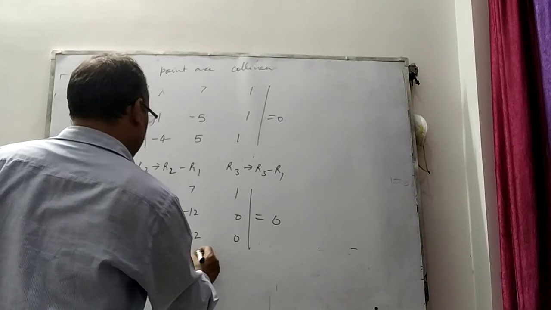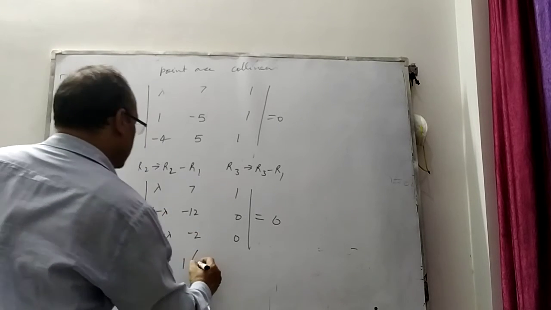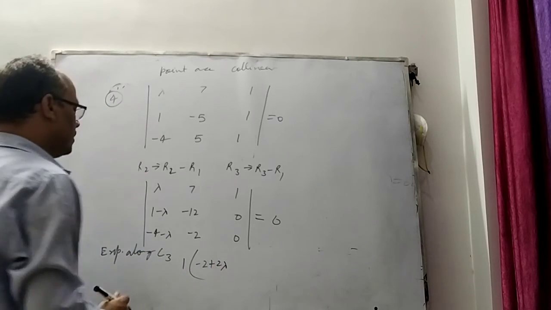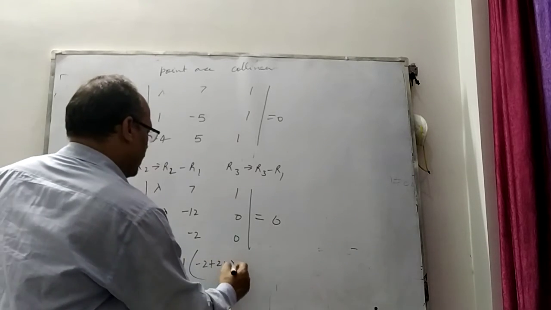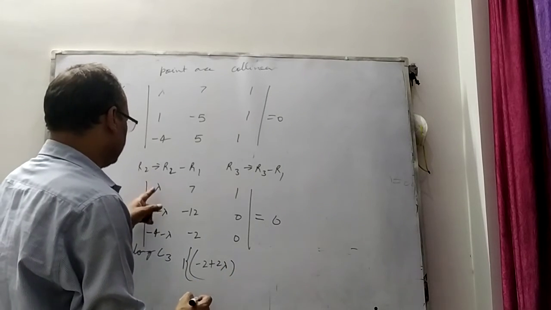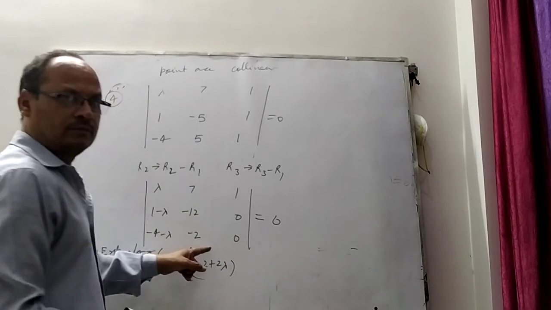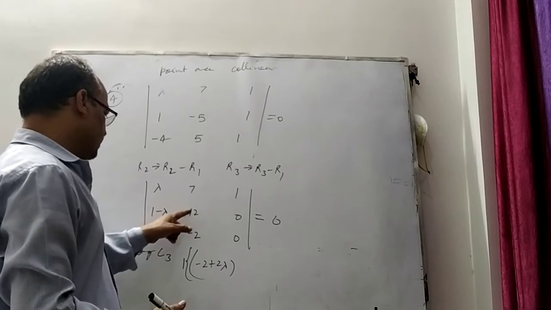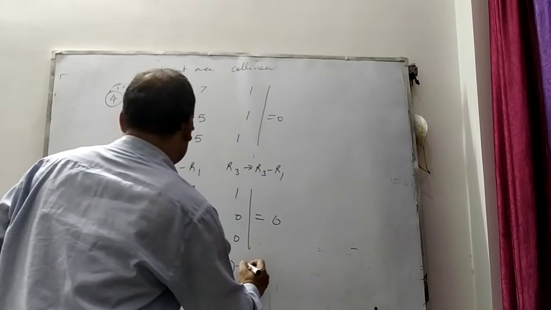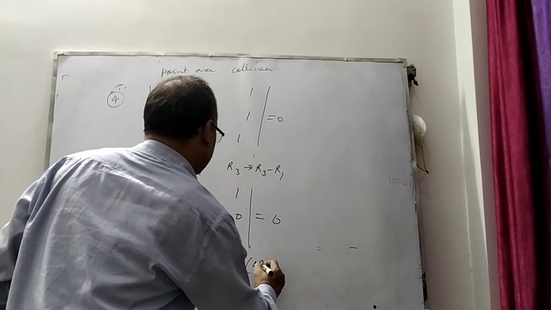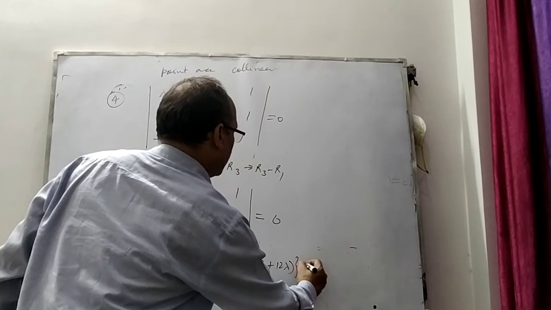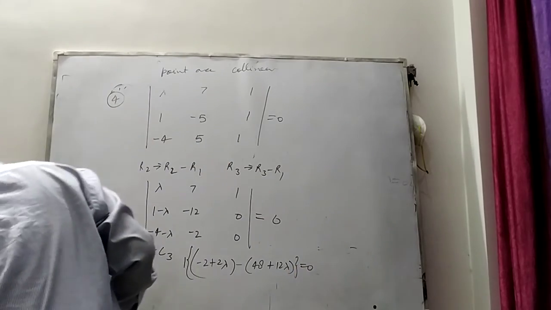So 1 or this into this, so minus 2 plus 2 lambda will be here, clear? Then this will be minus minus become the plus, so minus 48 plus 12 lambda equal to 0.